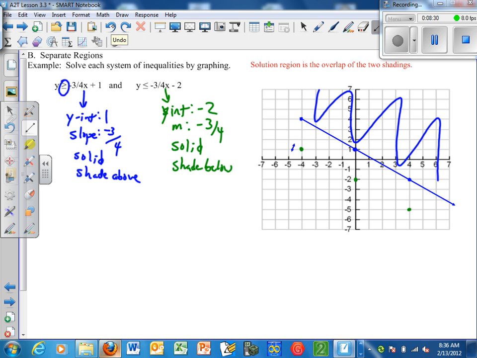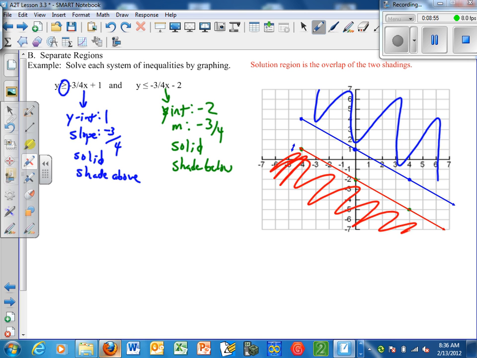So let's grab our line. This one is a solid line. Let's use red. So we're going to be right here, like this. And then we're going to shade below, so I'll shade that in red because my line is red. We're going to shade down here.